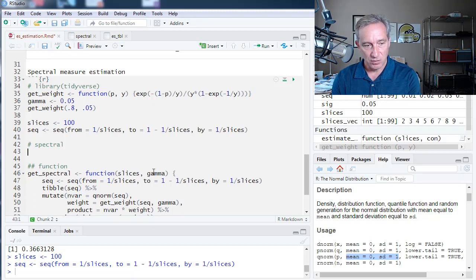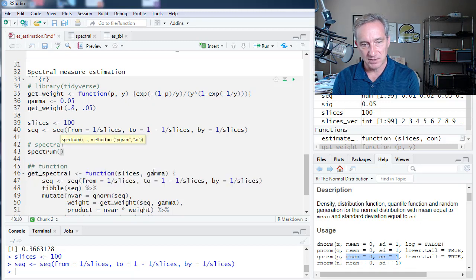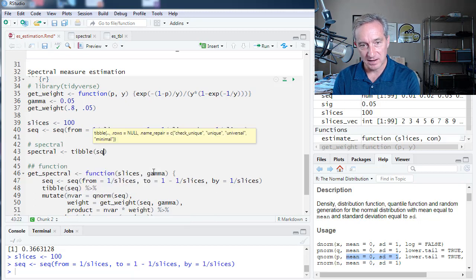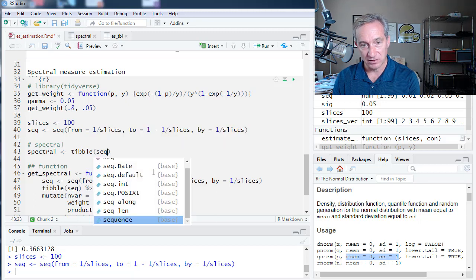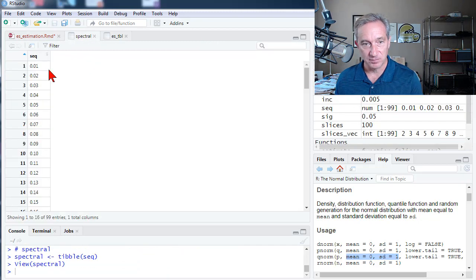Okay, so then I'm going to do 100 slices, same command as before, dividing these slices, and then I'm going to set up the spectral table, not spectrum, spectral, which will be a tibble. I'll just start with that sequence vector that I just defined. If we look at that, very simple, a one column tibble.